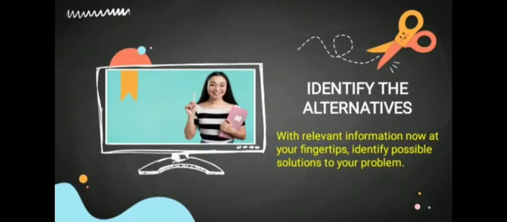So next is to identify the alternatives. With relevant information now at your fingertips, identify possible solutions to your problem. When we collect information, it will probably help us identify several possible paths of action, or alternatives. You can also use your own imagination and additional information to construct new alternatives.